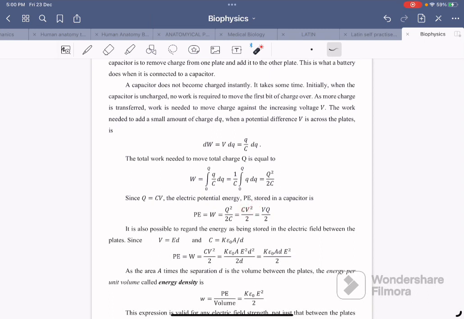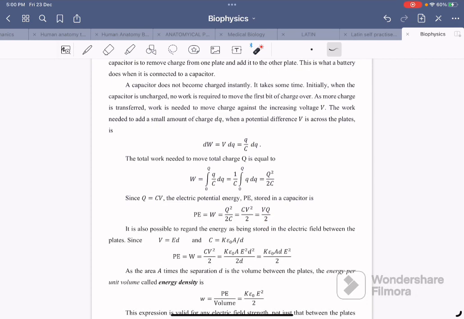So it comes out to be further CV square. We all know that q here is equal to CV, so if squared, then it is also squared, isn't it? So V square and C square, and the C in the lower part, in the denominator, is cancelled with the numerator, so it comes out to be potential V and charge divided by 2.